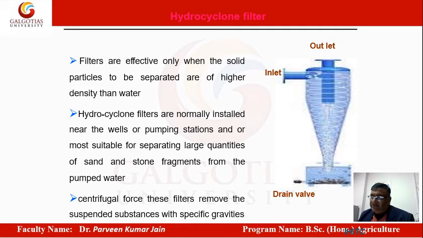There may not be use of this filter, but yes, in case of water which has sand impurities, these kinds of filters are really needed, because they act on the centrifuge principle and settle down all this kind of impurities of sand, silt, and particles, and it's removed and the water is clean from there.